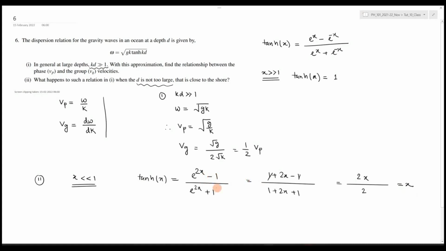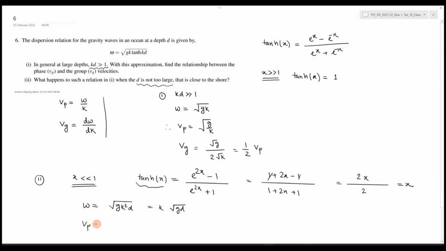You might have done this kind of approximation earlier, right? For tanh x you have not done it, that's why I am writing. For tan x, we have done it like this. Now your omega will become root over gk, gk into kd, so gk squared d, which is k root gd.